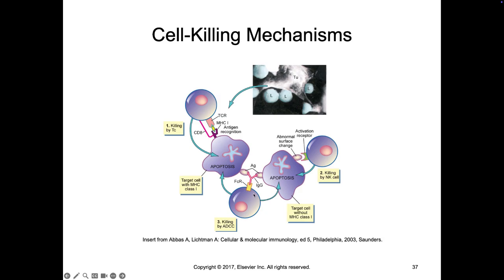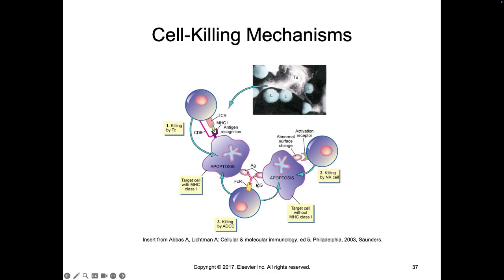Here we have, again, antigen binding antibody and binding to the cytotoxic T cell, inducing apoptosis with abnormal antigen on its surface. And then here you have killing by natural killer cell. Abnormal surface change results in binding of natural killer and inducing apoptosis, again, by punching holes in it.